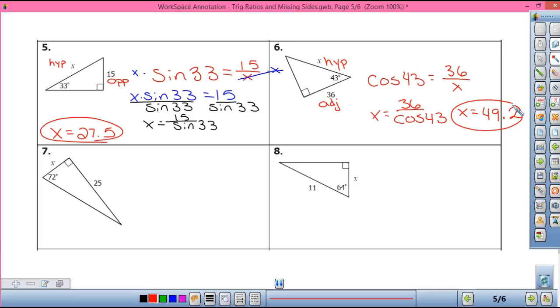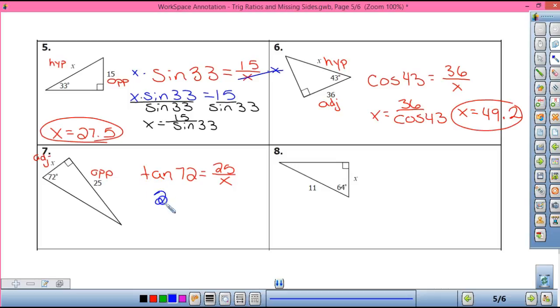Okay, so in 7, what ratio are you guys using? Sine, cosine, or tangent? Okay, because I have opposite and adjacent, so I would agree with that. So tangent of 72 equals 25 over x. And when x is on the bottom, well, right, but can I take a shortcut?